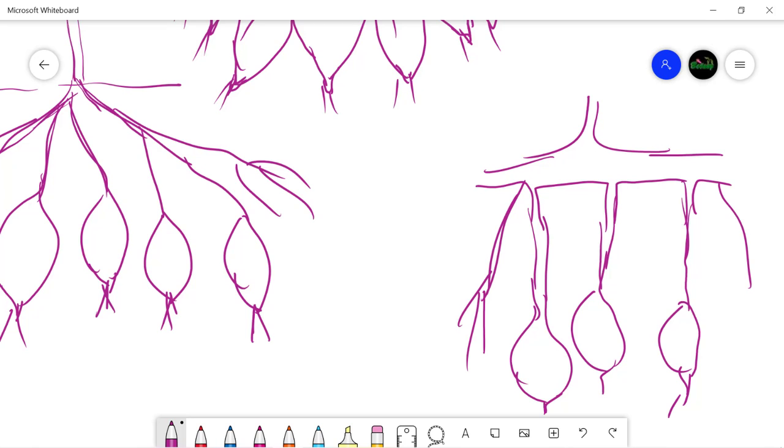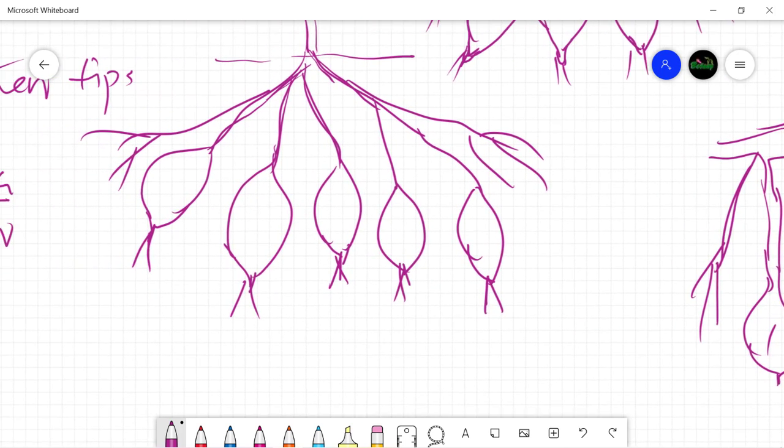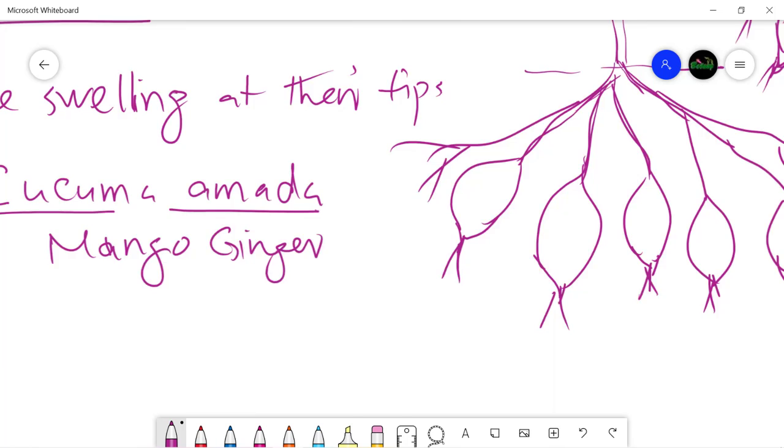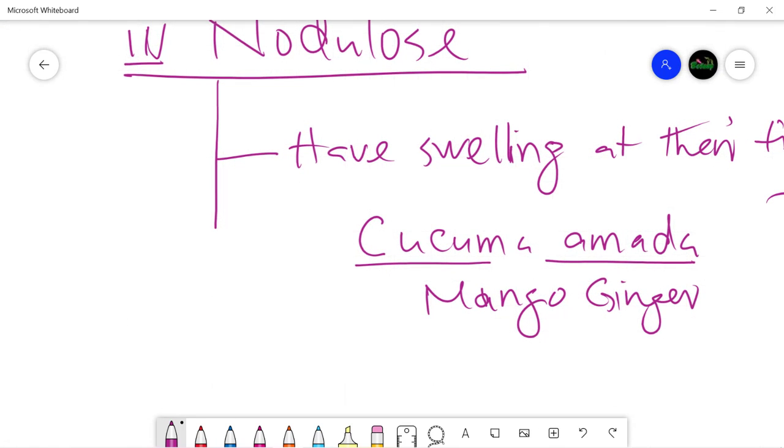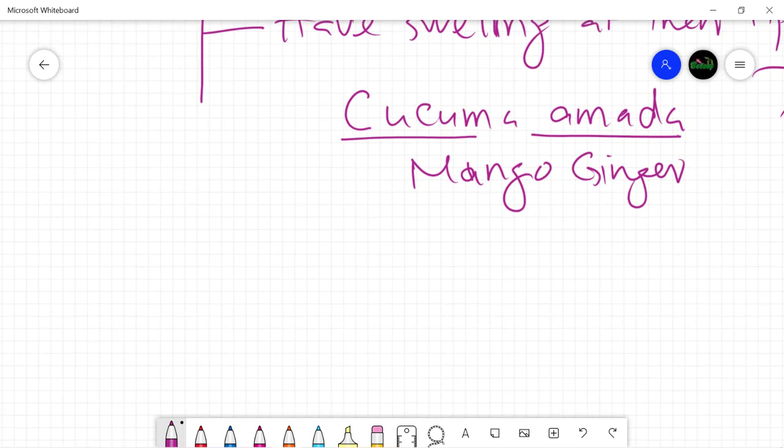These are the other roots, simple. So this was a brief discussion of Nodulose fleshy adventitious roots.